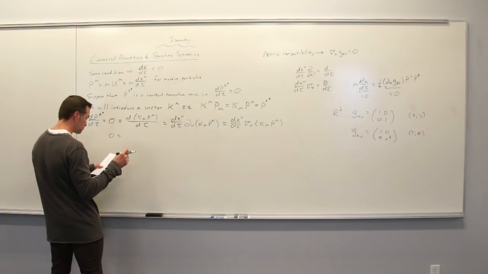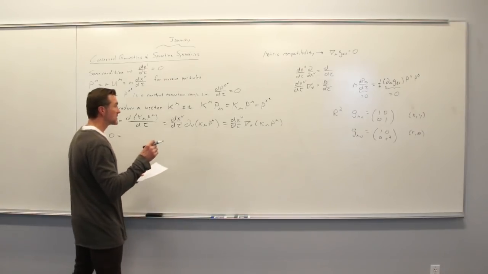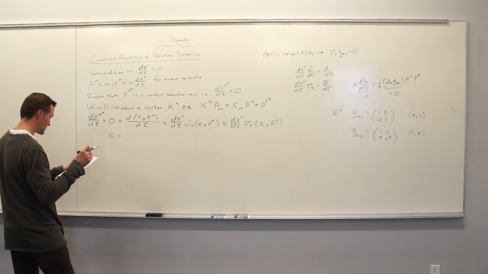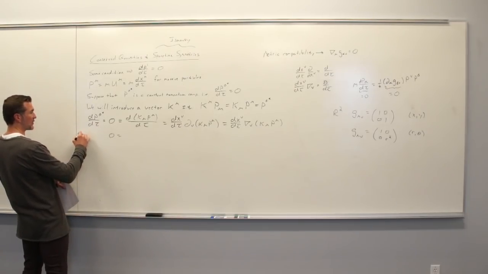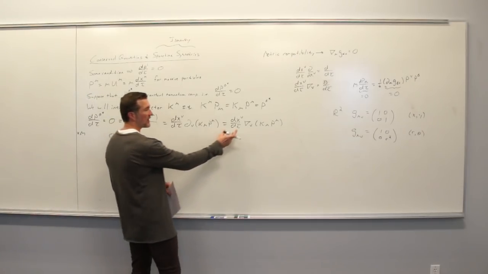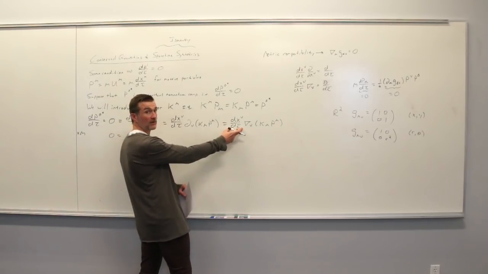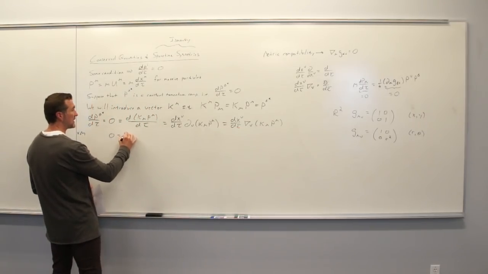Okay, so in the process of doing this, I'm going to multiply by m, and in multiplying by m, I can take that term and turn it into a four momentum. Okay? So I'm going to get p nu.